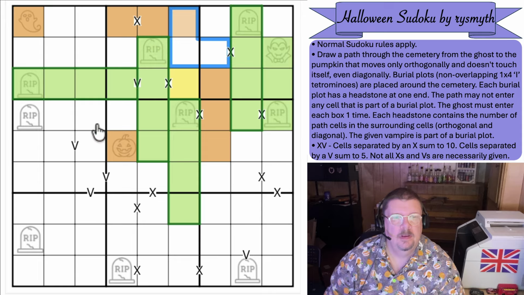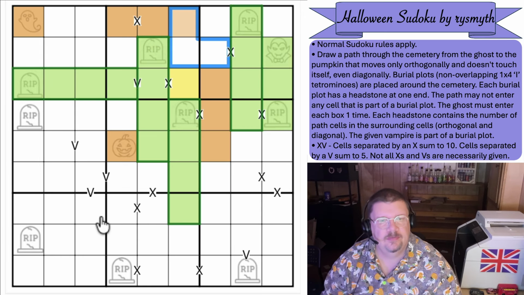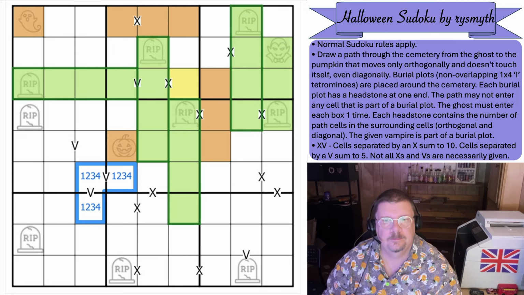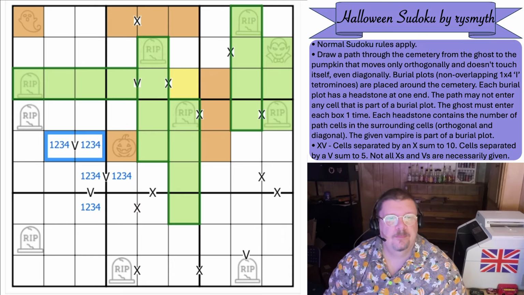Okay, let's see if we can start thinking about some digits. Those are from 1, 2, 3, and 4. Those are from 1, 2, 3, and 4. This has a maximum of 3 cells that can be part of the path.